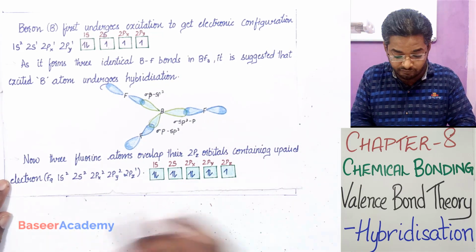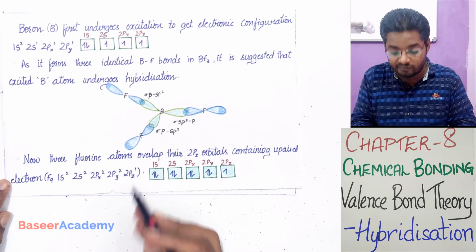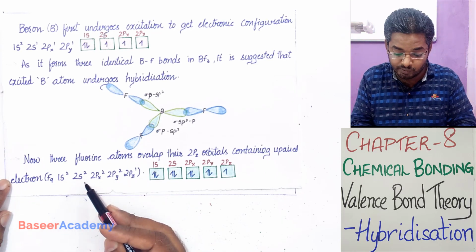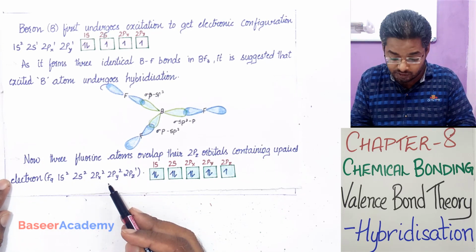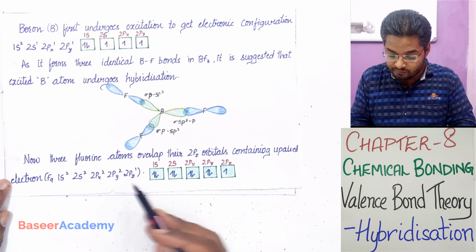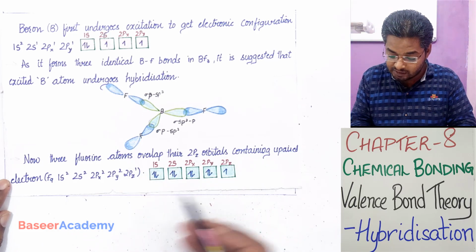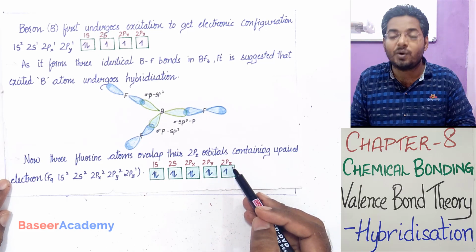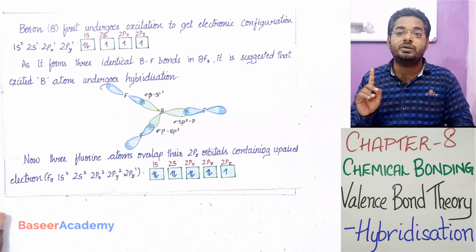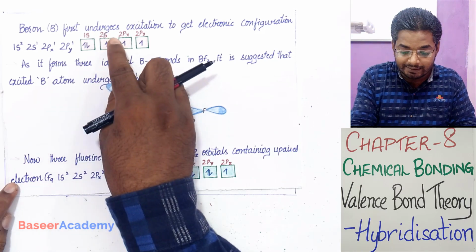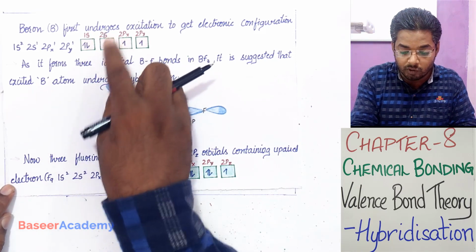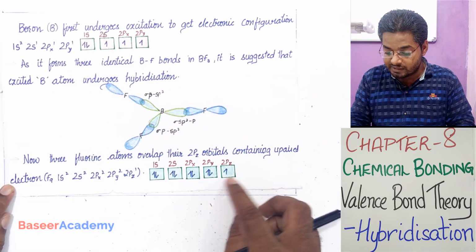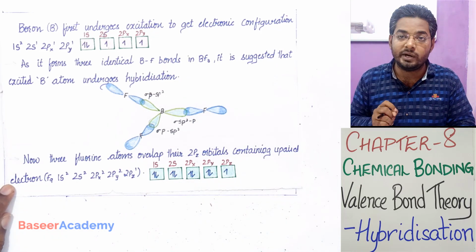The atomic number of fluorine is 9 and the electronic configuration is 1s2, 2s2, 2px2, 2py2, 2pz1. From the electronic configuration, we see that fluorine has one unpaired electron in the 2pz orbital. So the first bond should be formed when the 2s orbital of boron overlaps with the 2pz orbital of the first fluorine atom.